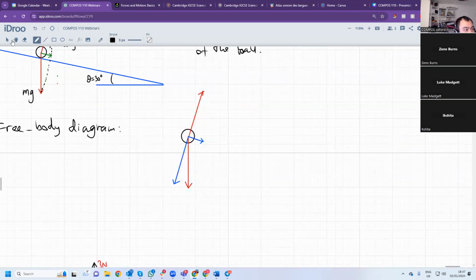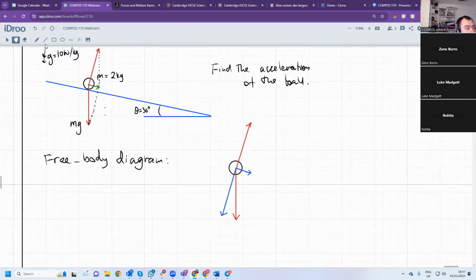And if you are any good with geometry, you will notice that if you do this, this angle is going to be 30 degrees. It comes from the similarity of triangles. I don't want to bore you with the details.